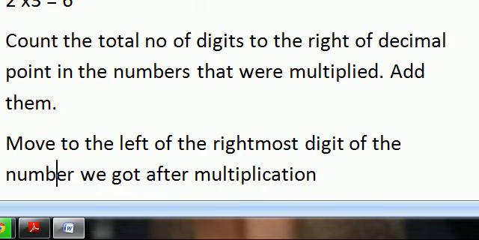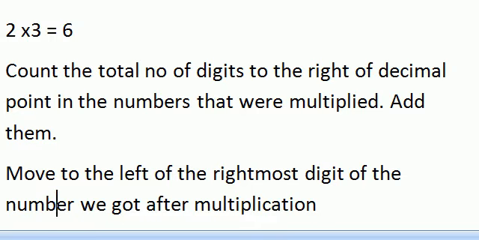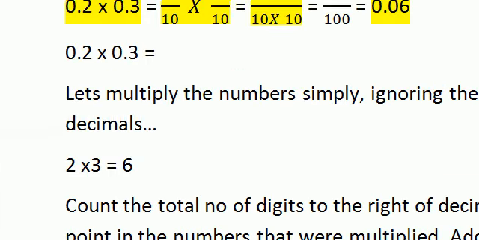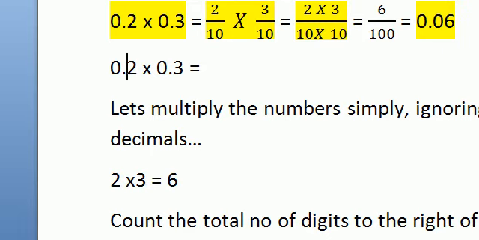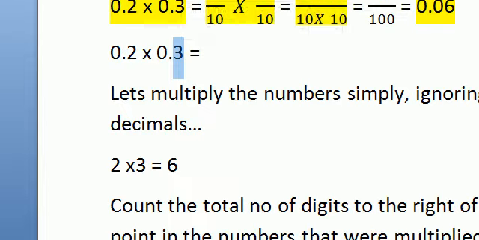Try to understand this step. In this number, we had 1 digit to the right of the decimal point. In this number, we had 1 digit to the right of the decimal point. So together they make 2 digits to the right of the decimal point.